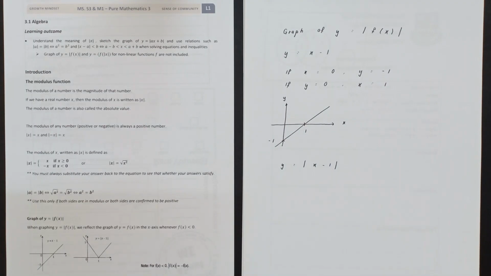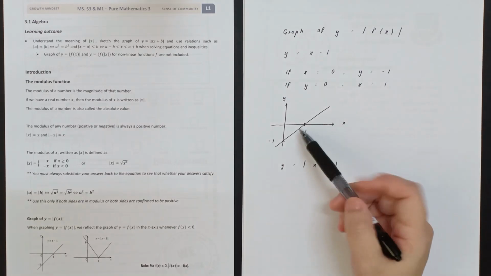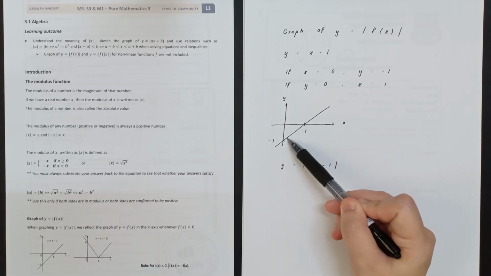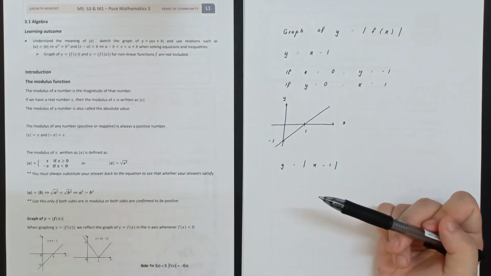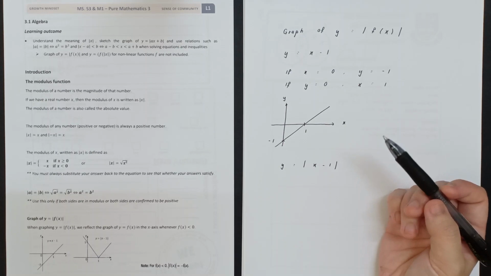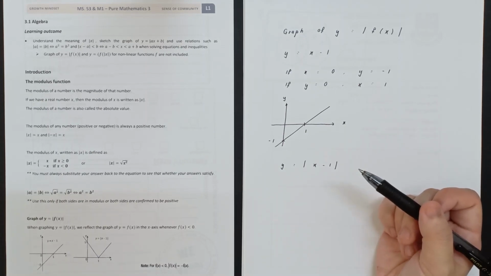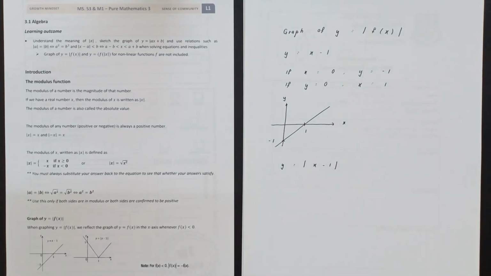You know that anything after you solve with a modulus, you should be able to get only positive numbers. So what does that mean? Meaning all the part that is below your x-axis will be irrelevant because you will never get a negative number after you did the modulus, right?